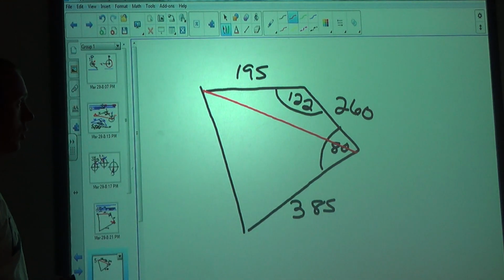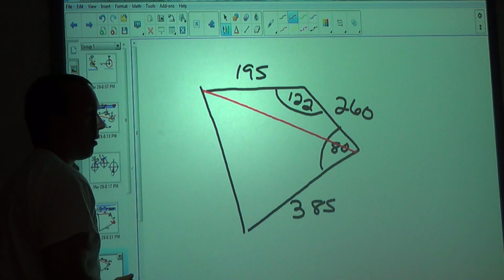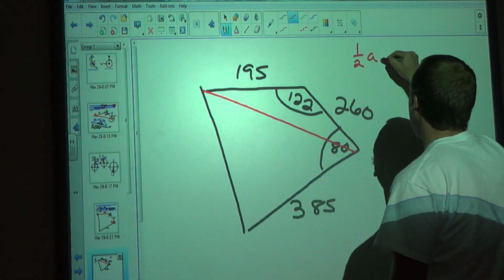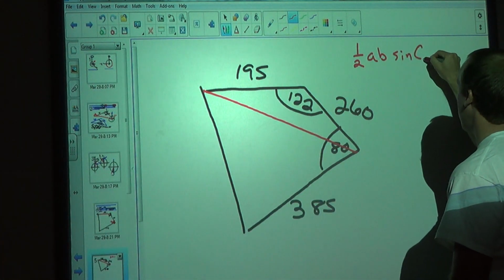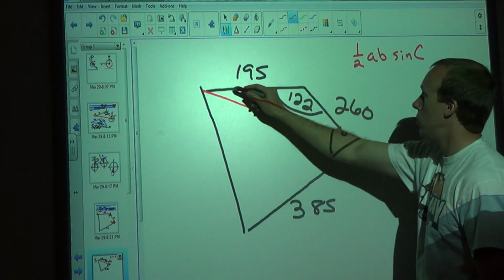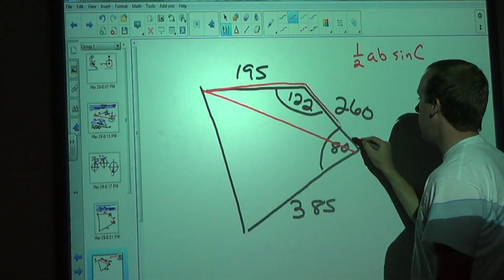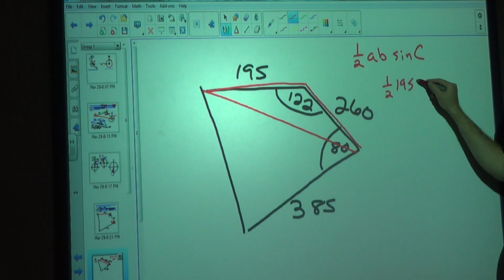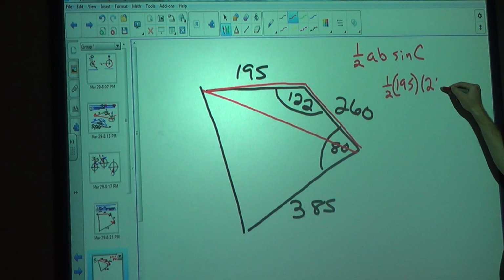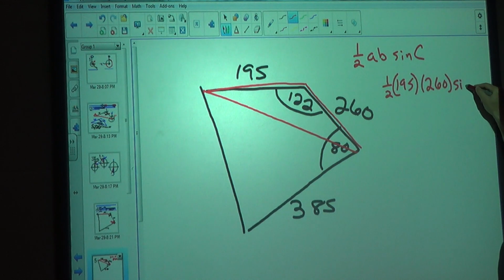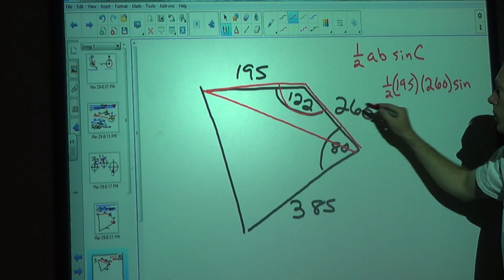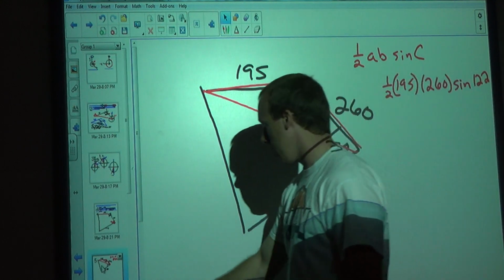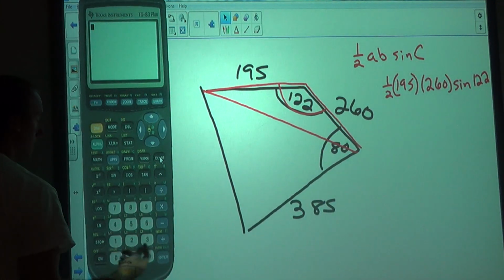Okay? So in order to find the area of a triangle, what are the things I need to know? Area formula is 1/2 AB sine of the included angle. Right here, do I have an A and do I have a B? I do. So 1/2 of 195 times 260 times the sine of my included angle in between those, so 122. Okay, and then I can use my calculator here and just plug that in.